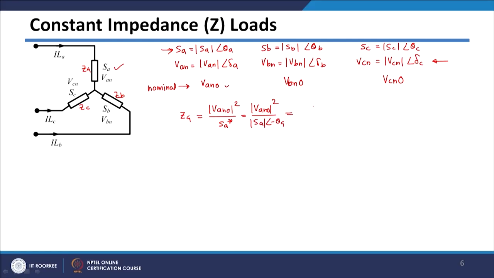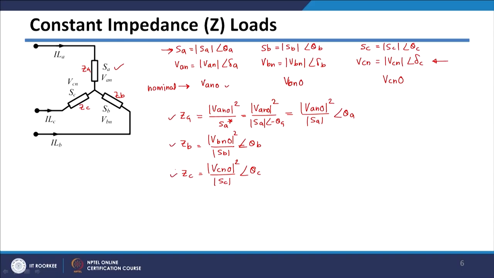So ZA will be VAN0 squared divided by the magnitude of SA, which is the magnitude of this impedance, and the impedance angle will be theta A. Similarly, ZB will be VBN0 squared divided by the magnitude of SB, with angle theta B. Similarly, ZC will be VCN0 squared divided by SC, with angle theta C. Throughout the operation these impedances remain constant, and we have got them from the nameplate ratings of the load.